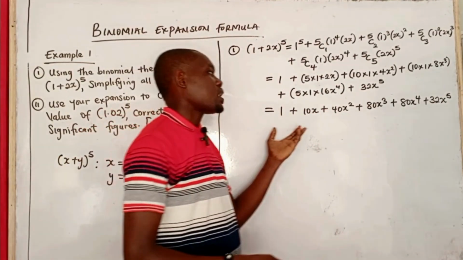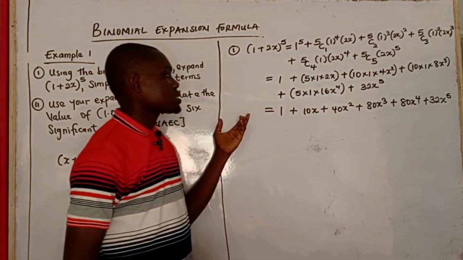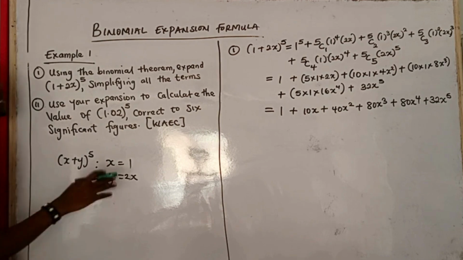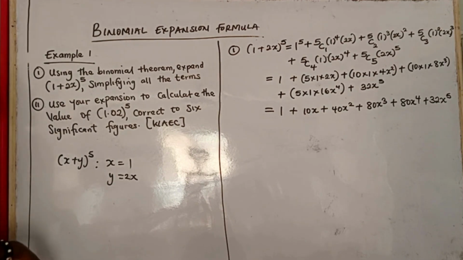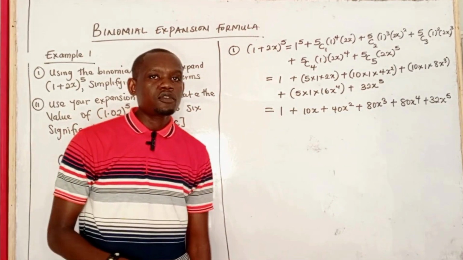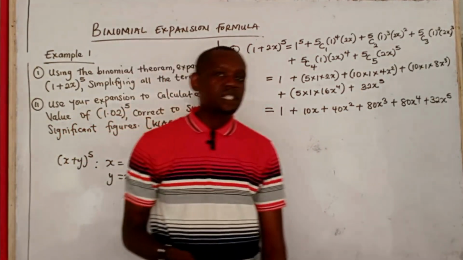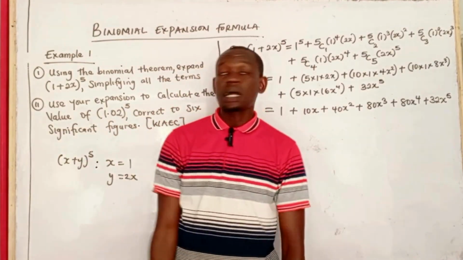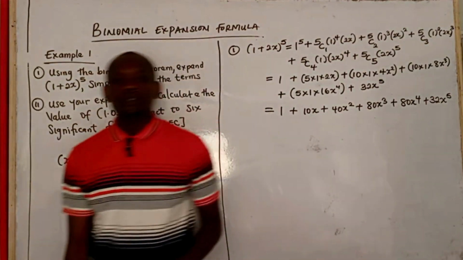So this is the answer to the first question, which is telling us to use the binomial theorem or binomial expansion formula to expand this function. In our next video, we will be looking at the second question, which is number 2. See you in the next video.